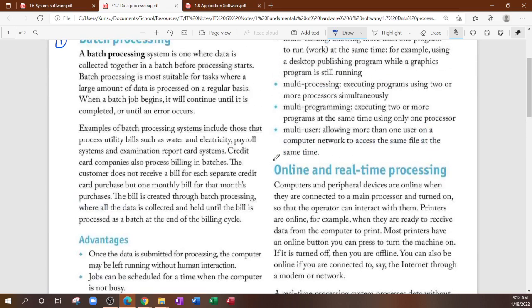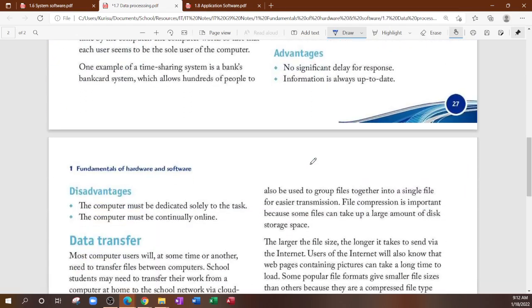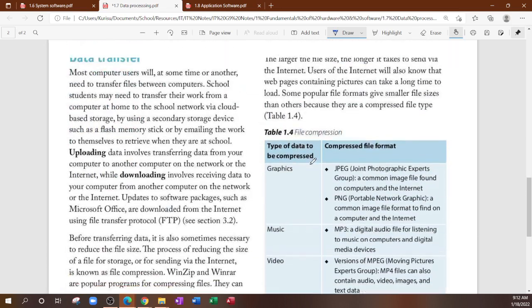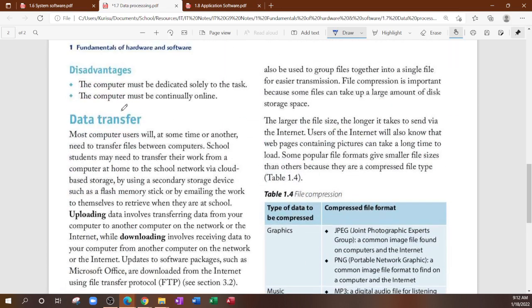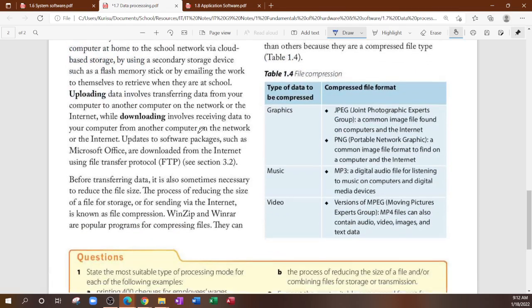And we have 3 and 4 here: online processing and real-time processing. So those are the 4 ways they can process data that we're going to look at. And then we're going to finally finish off with how data is transferred.